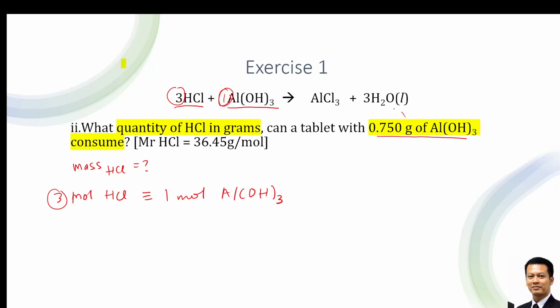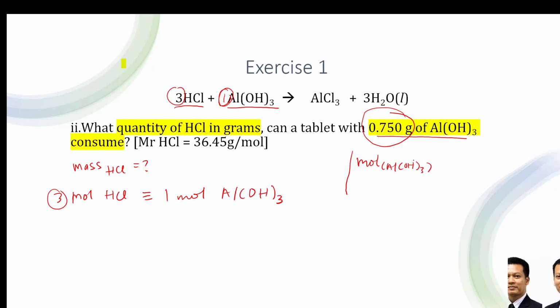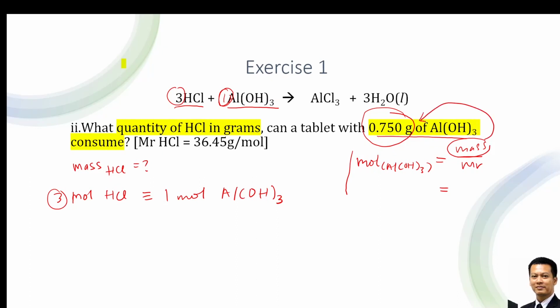We don't know the number of mole for this one. So we need to find the mole for aluminium hydroxide. The mole is mass over Mr. Mass is 0.750 gram over Mr. Mr is given earlier, 78 gram per mole.